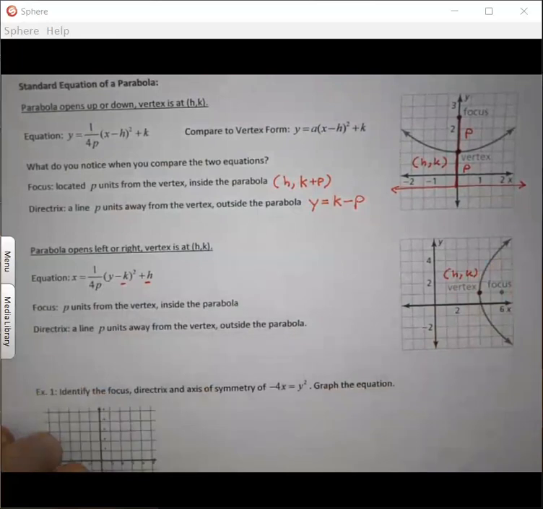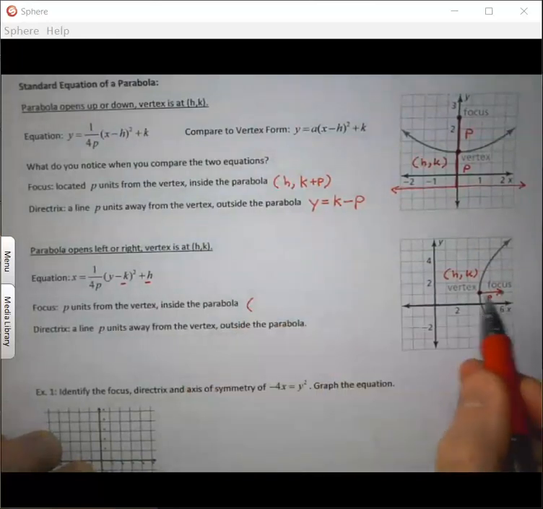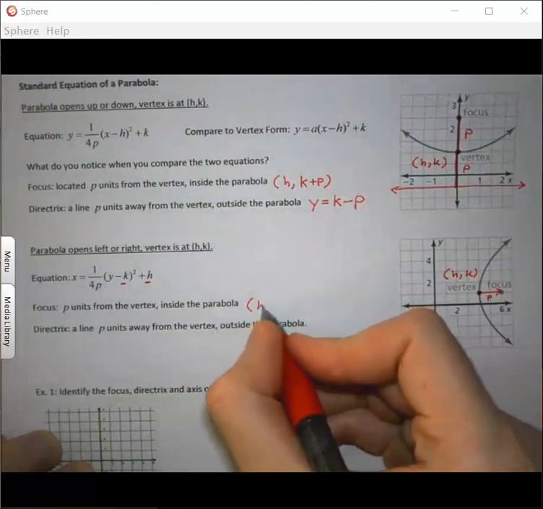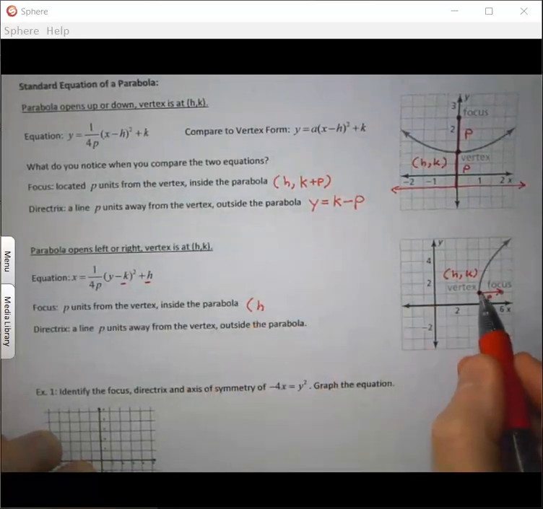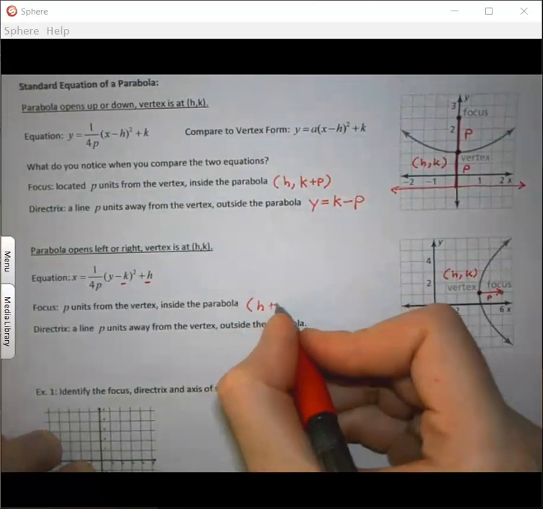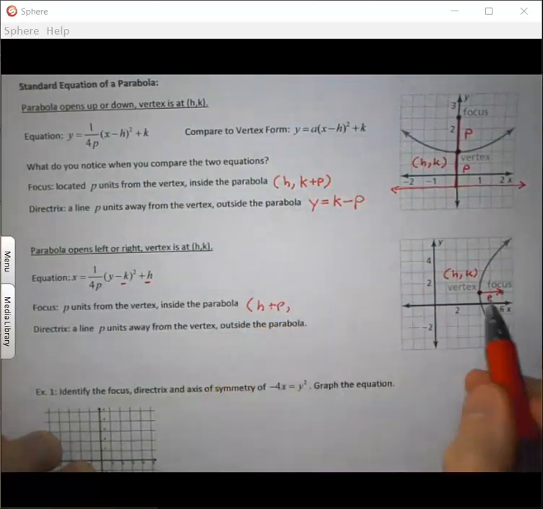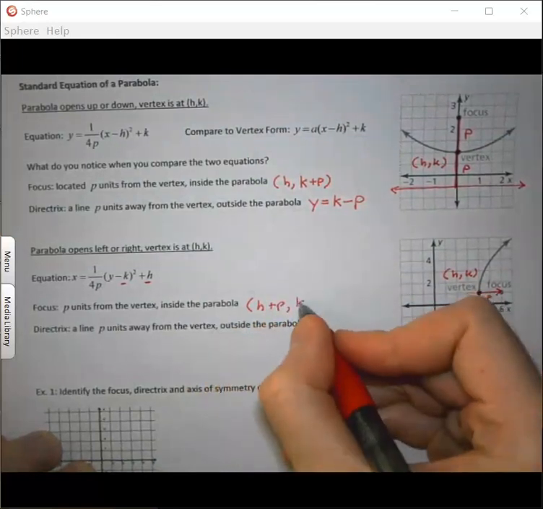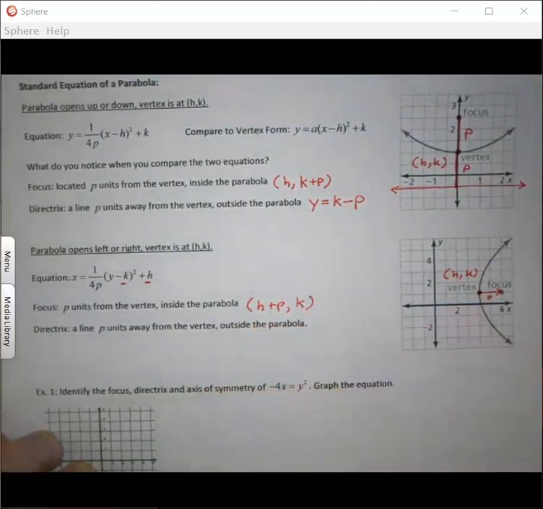So then to find our focus, distance is still going to be p. In this case, since we're moving right, the x value, or the h, should change. So starting at h, we need to add the length p to get to the focus. And then we don't move up or down, so our k is still the same.